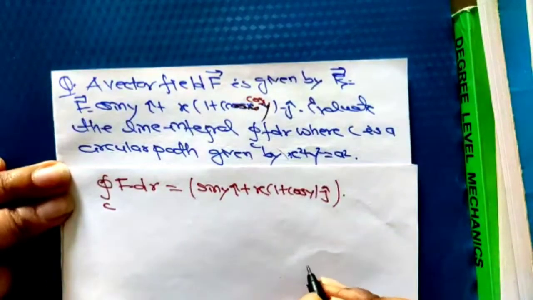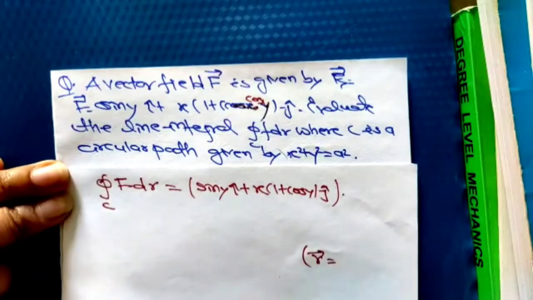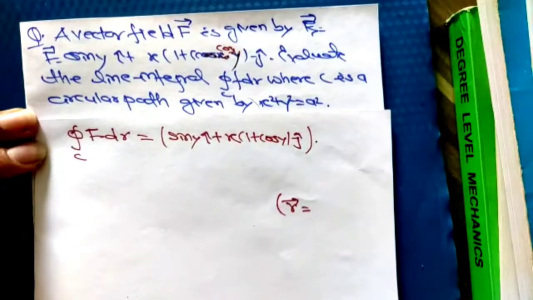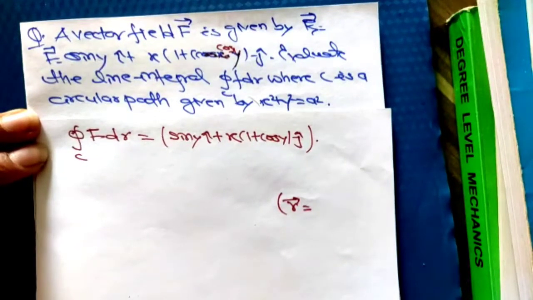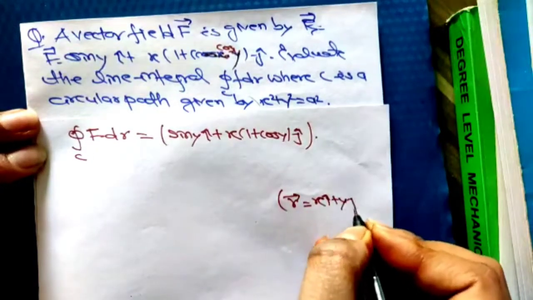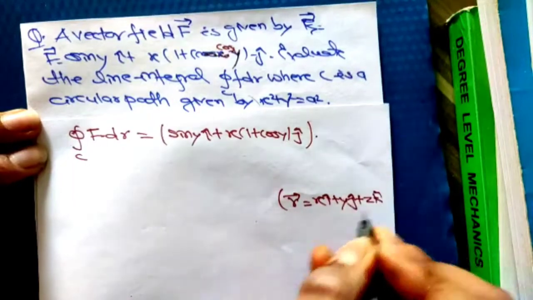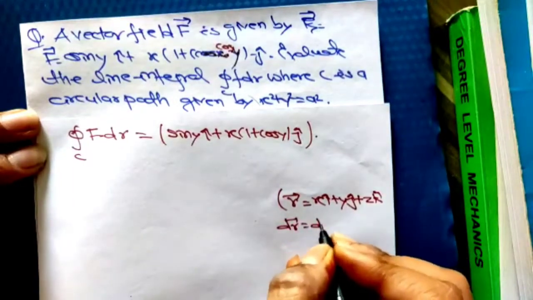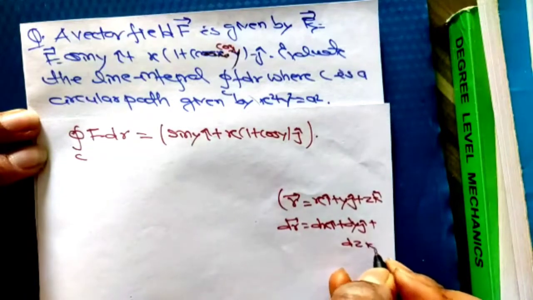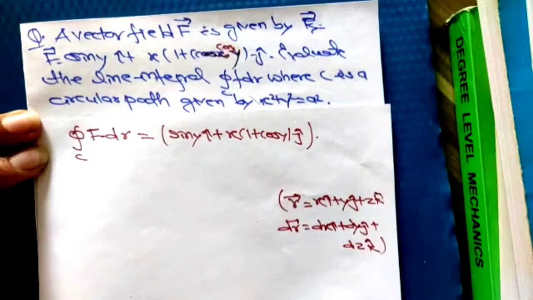So what is F? It is given here, sin y i cap plus x(1 + cos y) j cap. And what is dr? I have already made you understand what is the r vector and what is the dr vector. If you haven't seen this video, please check the description box, the link is provided there. R vector is equal to x i cap, y j cap, z k cap. Dr vector is equal to dx i cap, dy j cap, and dz k cap.